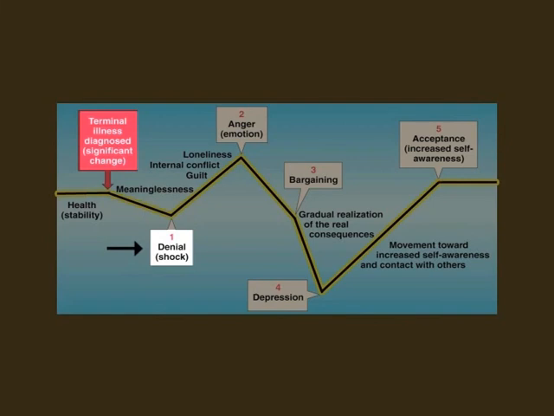There is a decline in their level of functioning, as you can see in this diagram. After an initial stage of denial, slowly they start understanding that they have to accept it, and they go through the path of guilt, internal conflict and loneliness, and finally have a burst of anger.